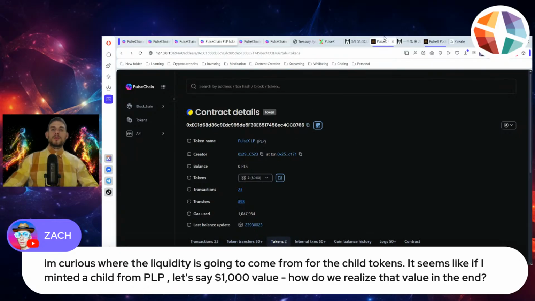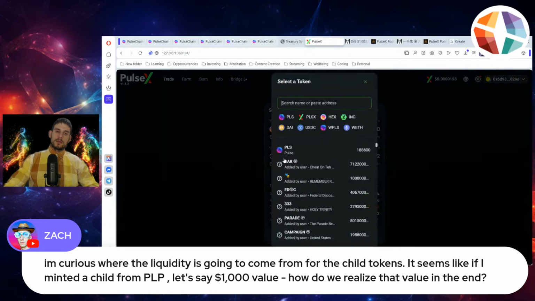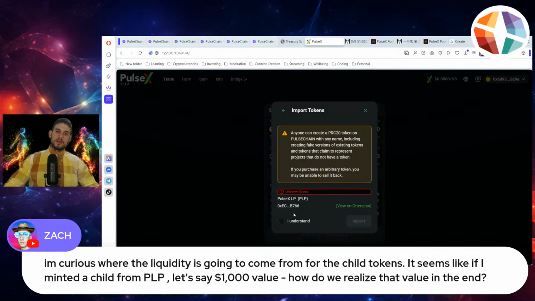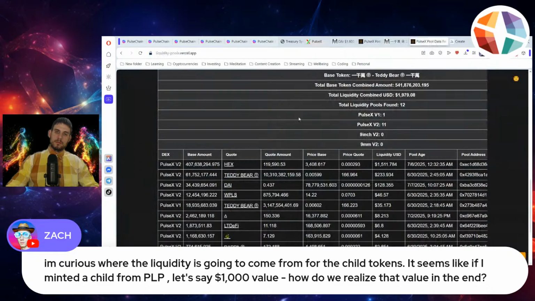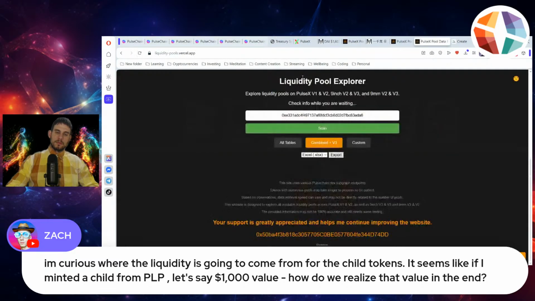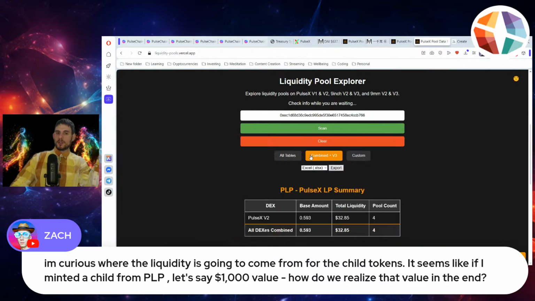The PLP tokens can be traded as well, if they're in a liquidity pool. I'm trying to understand your question. I understand what you're trying to ask, but I don't really know, to be perfectly honest with you. And I suppose I'm trying to figure it out.